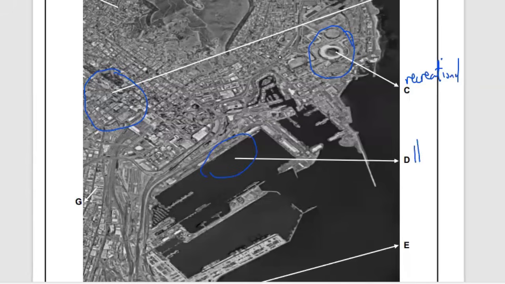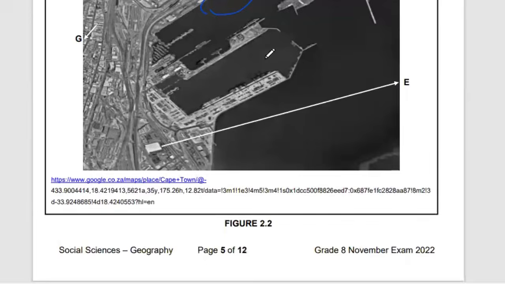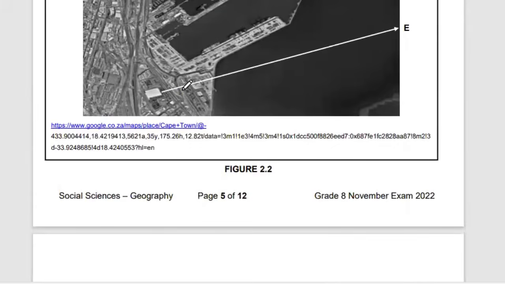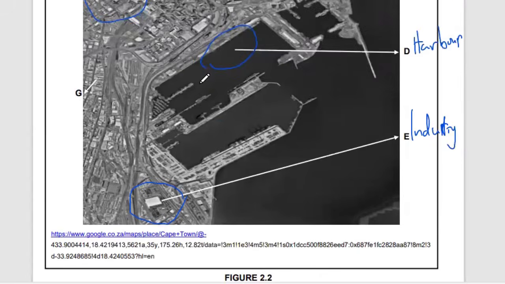So this is basically a harbor. D is a harbor. Then E. Where do you find E? This seems to be an industry. It's an industrial area. So E is for industry. So that's the idea behind those ones.